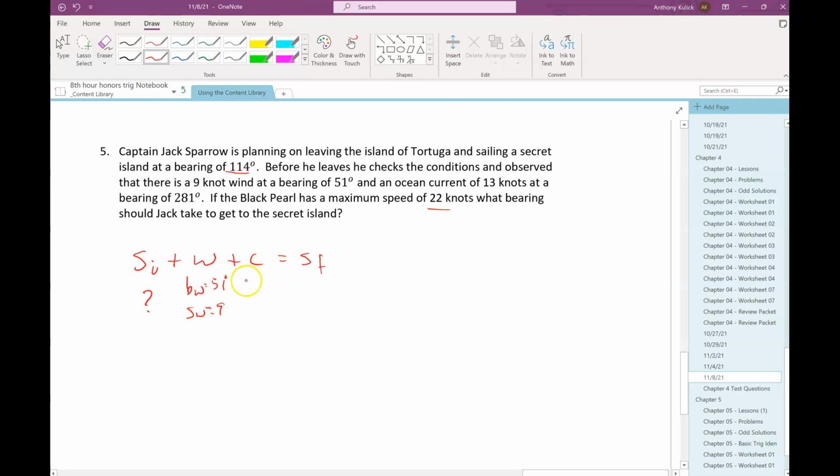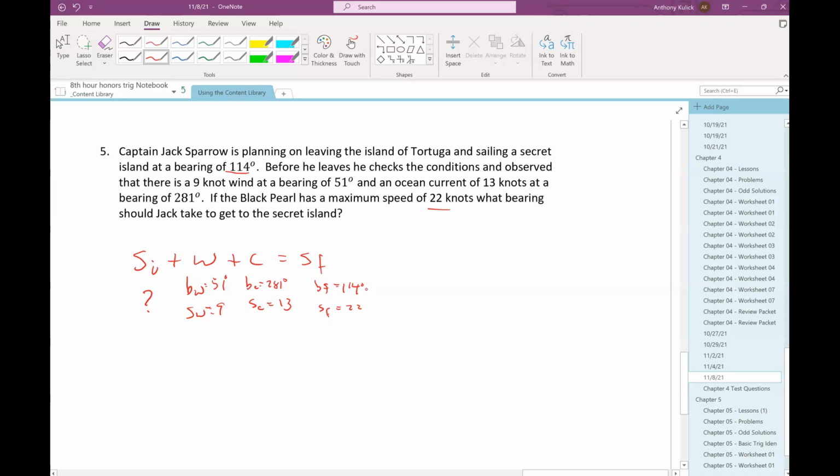And then we have the bearing for the current, which is 281, and that speed is 13 knots. And I need to end up going at a bearing of 114 degrees with a speed of 22 knots.